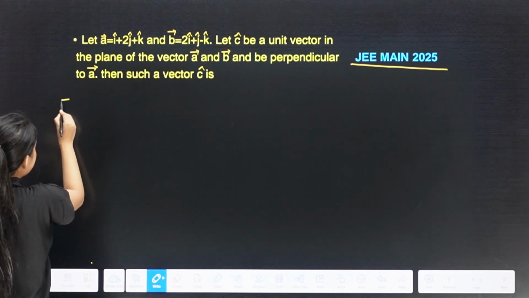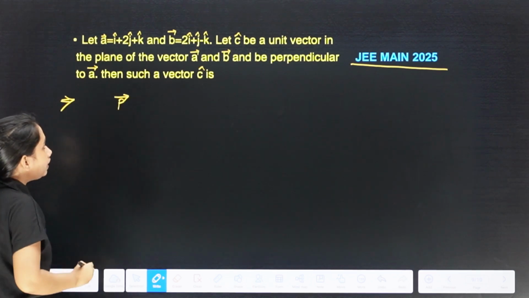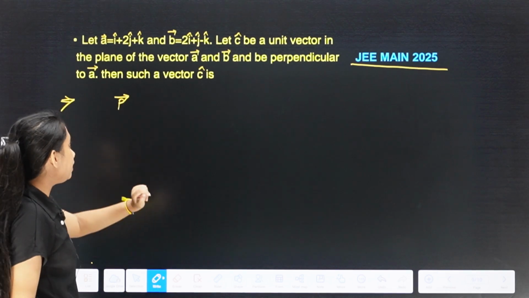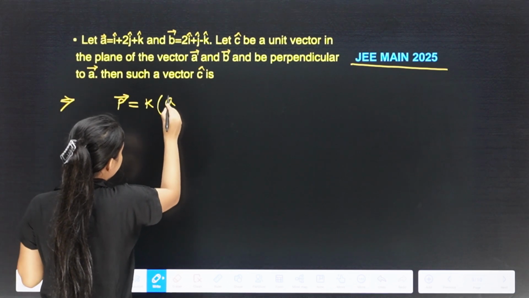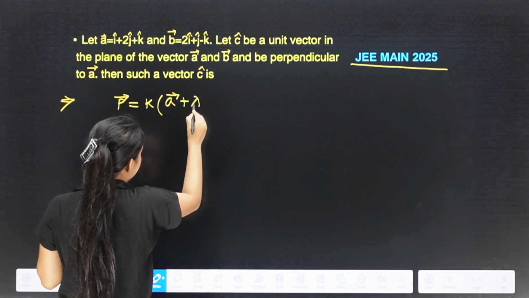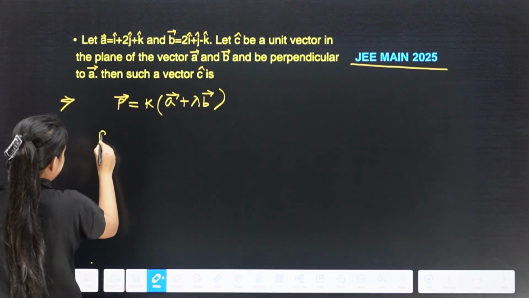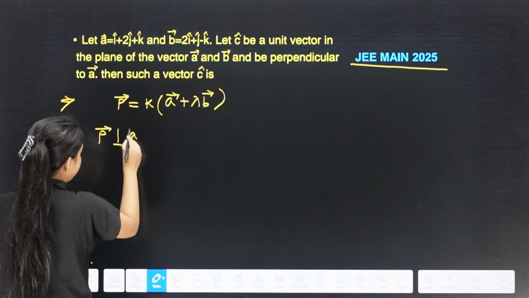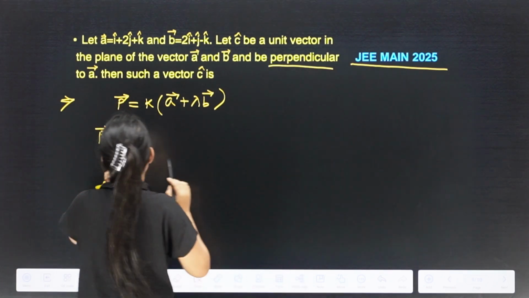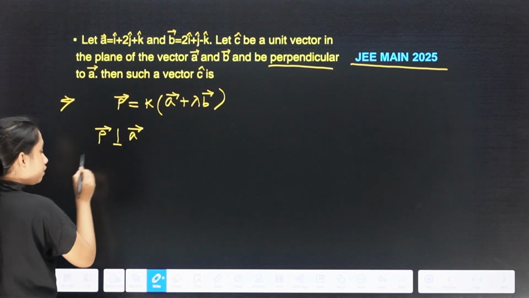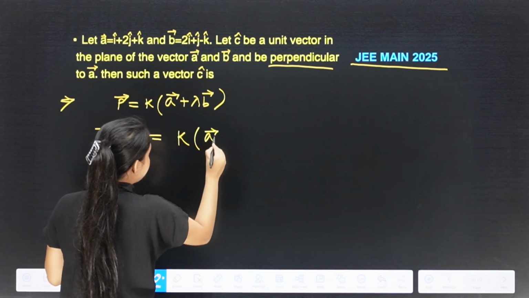First we will assume a vector p that is perpendicular to a and lies in the plane of a and b. So let p be k times vector a plus lambda times vector b. Since vector p is perpendicular to vector a, as given, their dot product is 0.